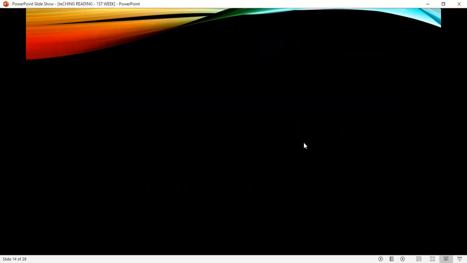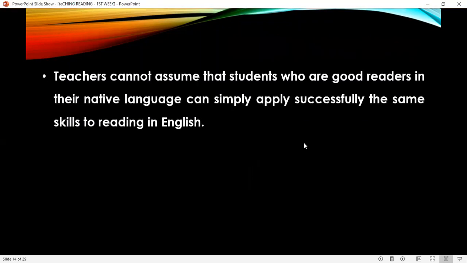Now, teachers cannot assume that students who are good readers in their native language can simply apply successfully the same skills to reading in English. So it's not the same, because we have different cultures, different structures. So what does it mean?